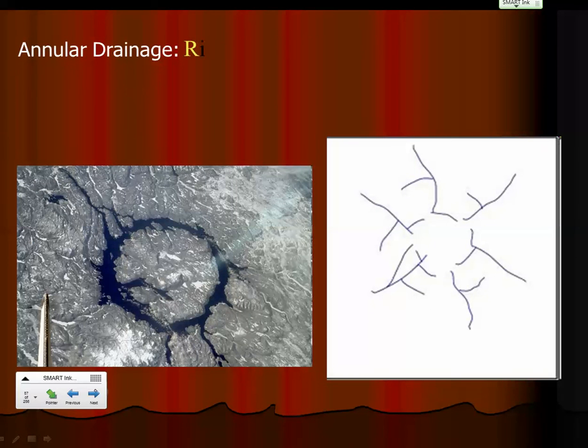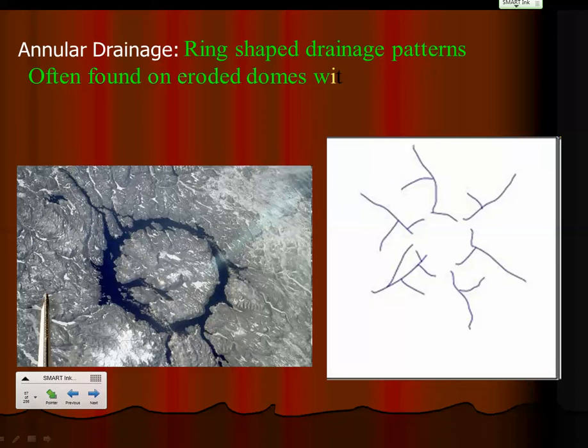Annular, like the annual rings of a tree. These are kind of ring-shaped, and it happens when you have usually eroded domed mountains like the Adirondacks or the Black Hills, something where there's different rock resistances but in a semicircular shape. And when it rains there, the water kind of plays like a children's game where you have that little ball and you're tilting the toy to try to get the ball from the center to the outside or the outside to the center.